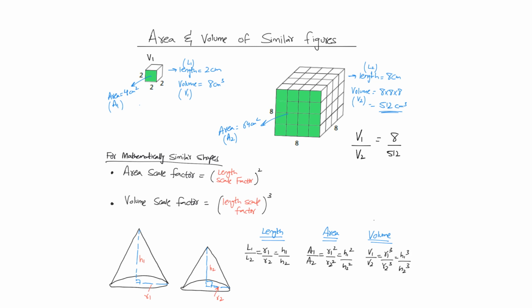You could have gotten this answer using the ratio of the lengths, by just taking the ratio of the corresponding lengths, which is 2 over 8, and then cubing it. So 8 over 512. So we can say that the ratio of the volumes of two geometrically similar figures is equal to the cube of the ratio of their corresponding sides.